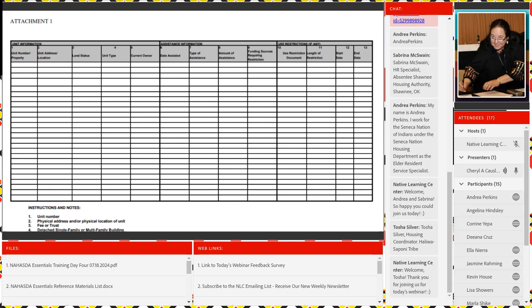Unit number of the property, the unit address or location, what is the land status, what is the unit type, who is the current owner, what was the date of the assistance, what was the type of assistance, what was the amount of the assistance, what was the funding source, required restriction, is there a use restriction document, what's the length of the restriction, what's the start date, what's the end date.